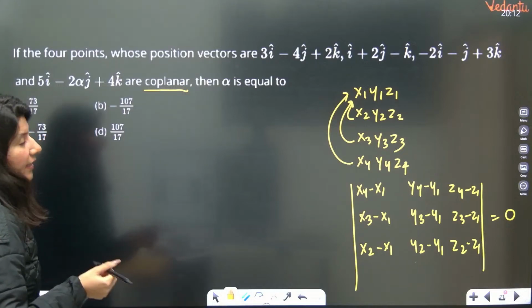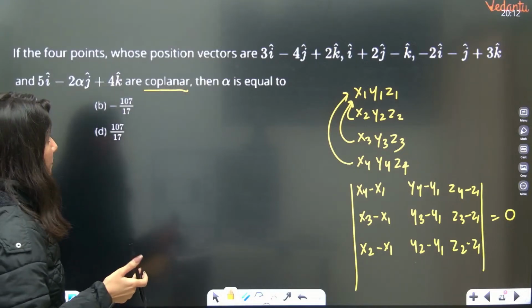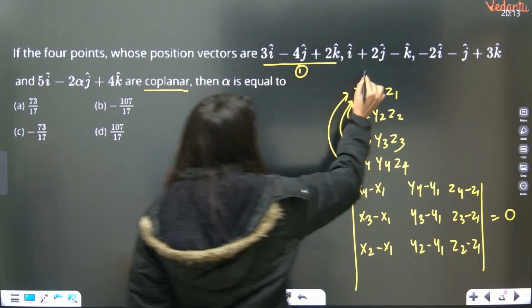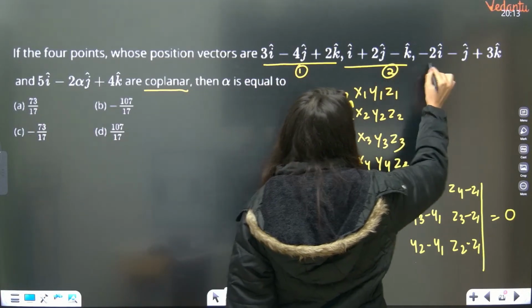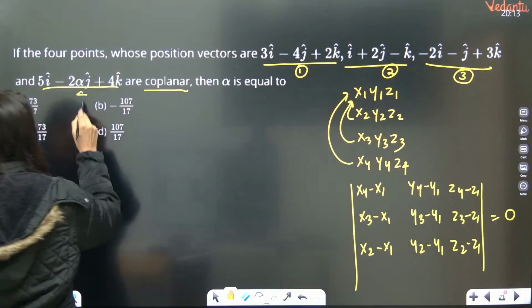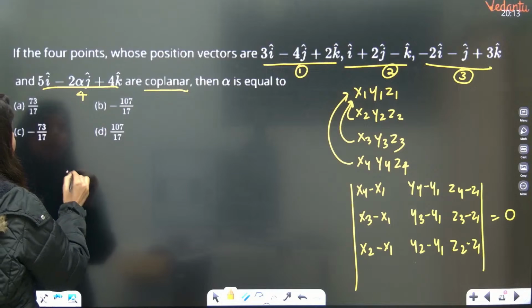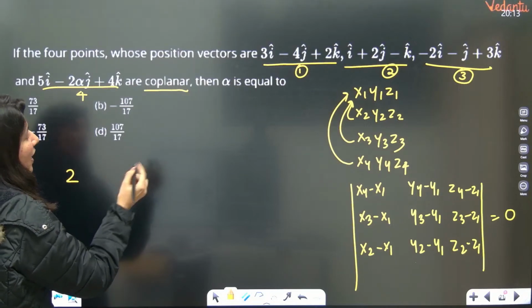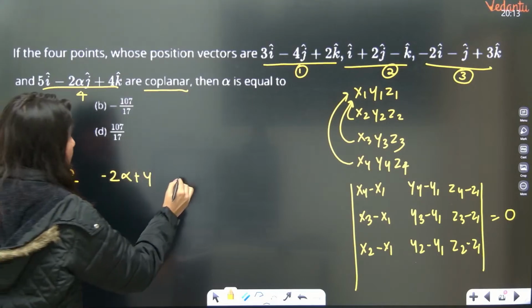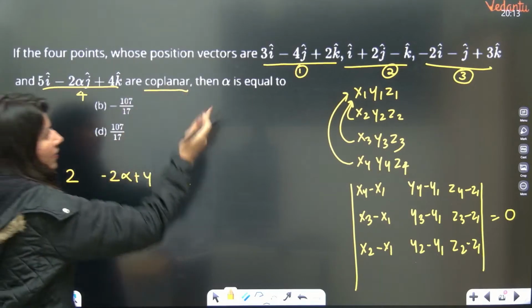So now let us just pick quickly. This is, let's say, 1. This is your 2. This is your 3. This is your 4. 5 minus 3, 2. Minus 2 alpha plus 4. 4 minus 2, 2. Correct? 4 minus 1 done.